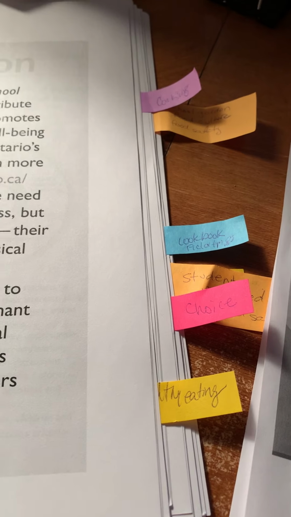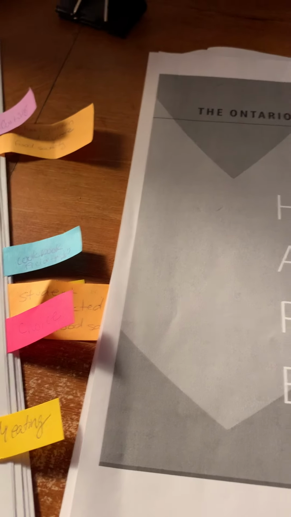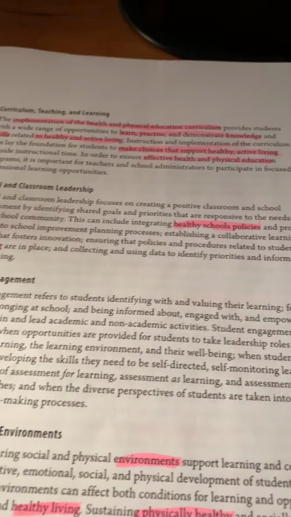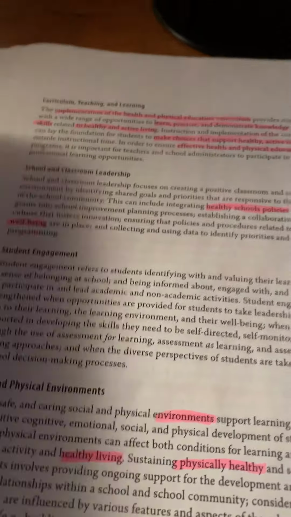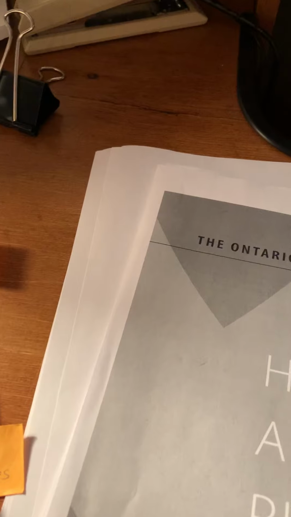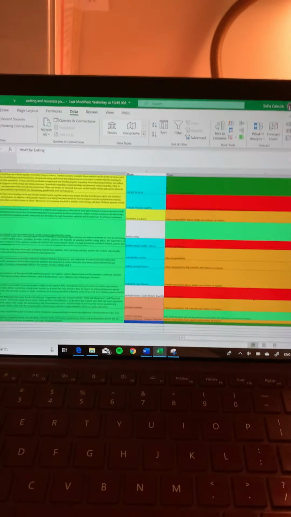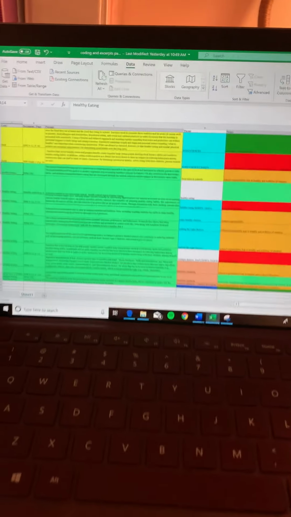Then from here, based on a passage that I find, I take that passage, I'll go on this side here, cooking. I'll take the passage and I will drop it onto an Excel spreadsheet.